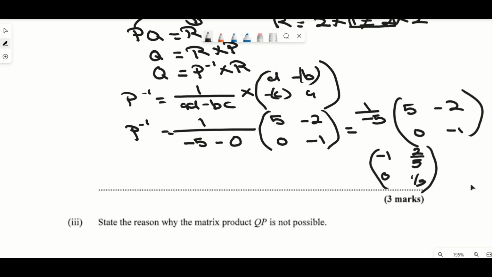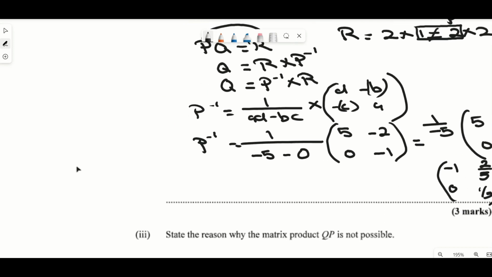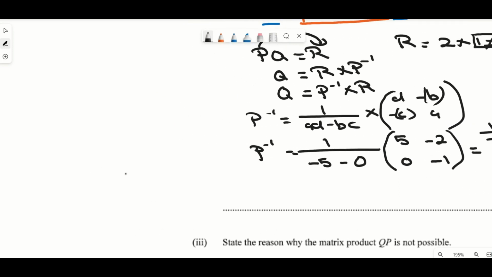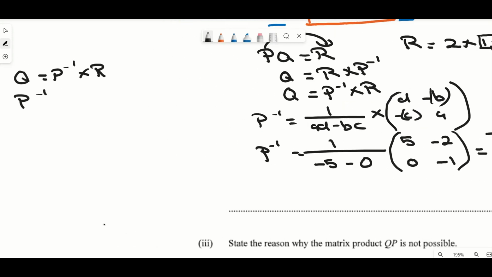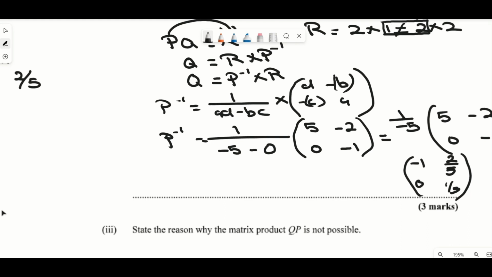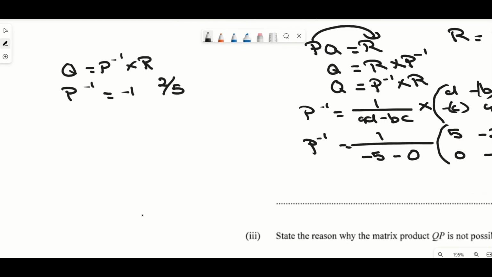So now we are going to go on the side so we could have some space. Right, we have P inverse, so Q is equal to P inverse multiplied by R. We saw that P inverse is equal to, let's just check it, minus 1, 2 over 5, 0 and 1 over 5.